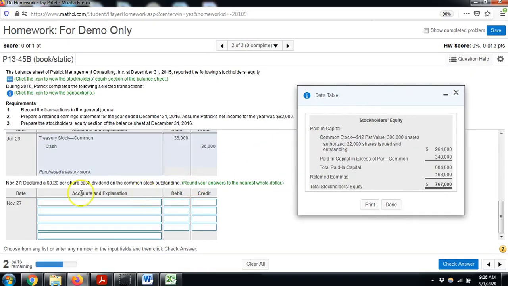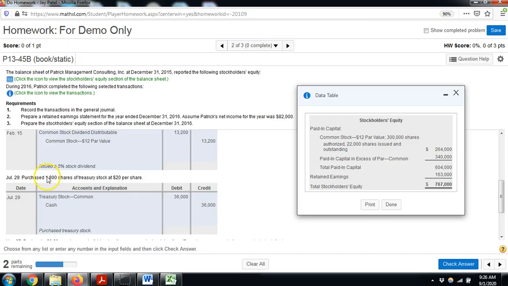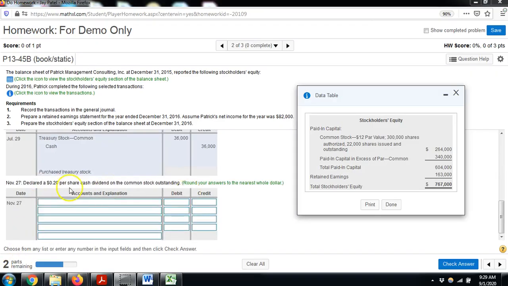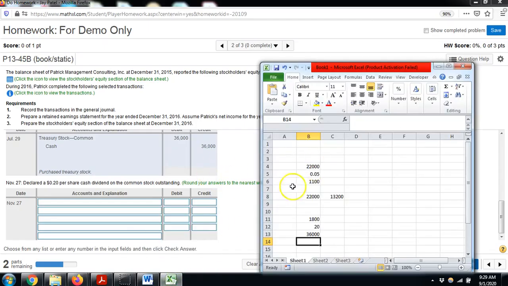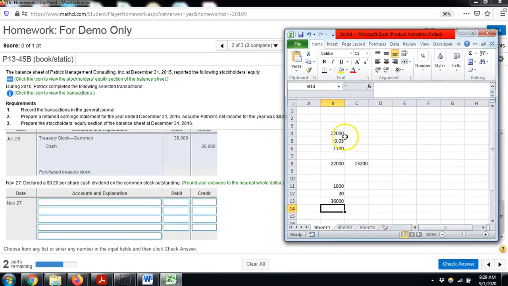And now we're going to declare a 20-cent per share cash dividend on the common stock outstanding. So we have to keep track of the common stock outstanding because we have this 1,800 shares that we just purchased, so those are no longer outstanding. Okay, so let's do the math.